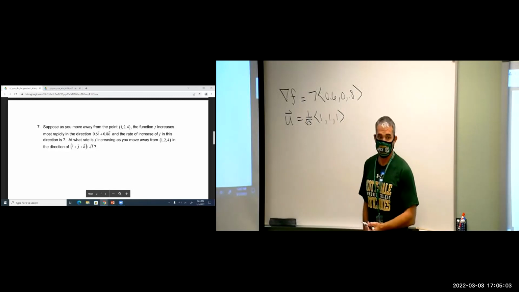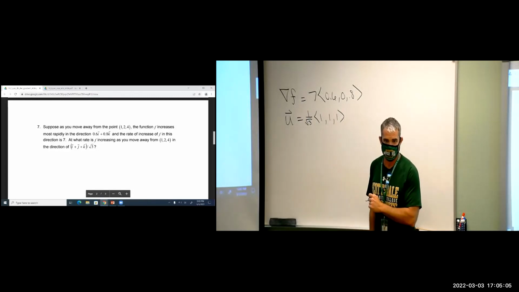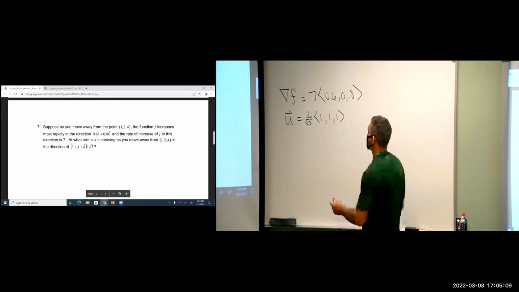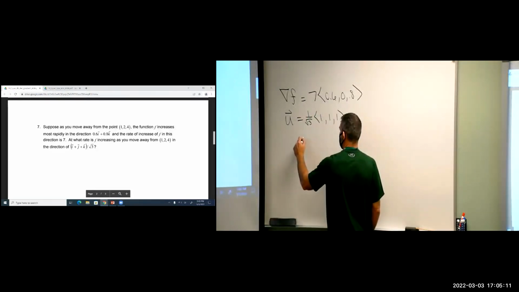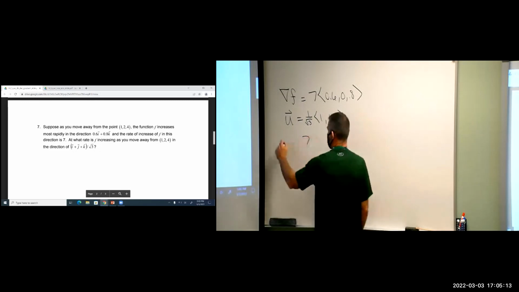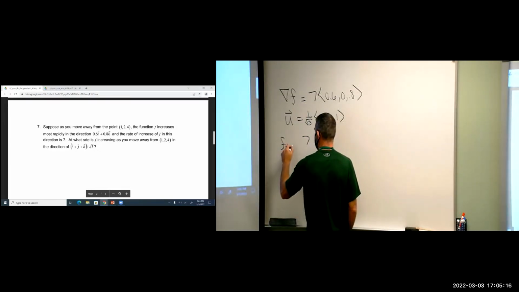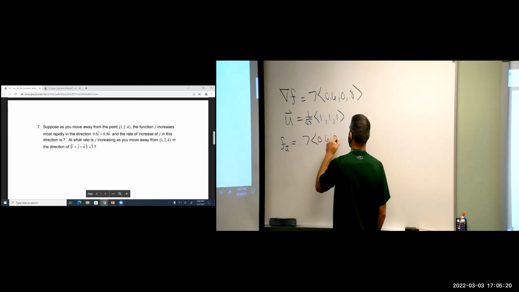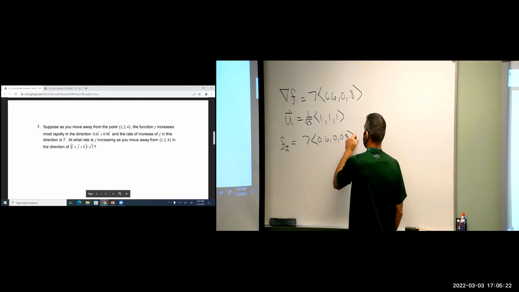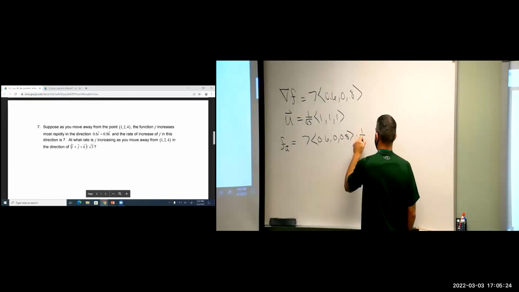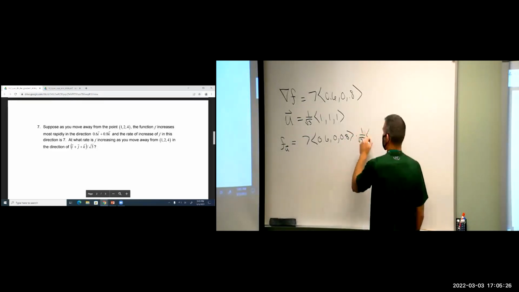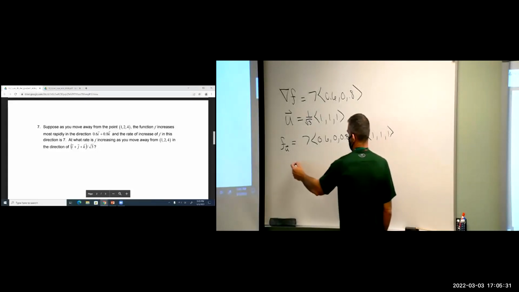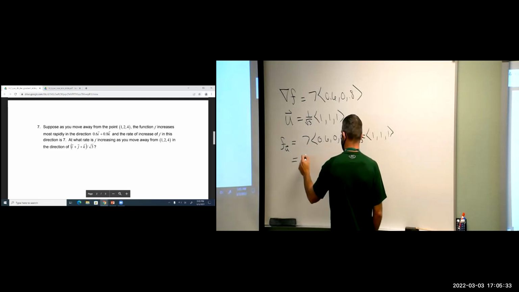So really, all we have to do in this problem is dot product the two of these vectors together. And the dot product is commutative, so the order doesn't matter. Our directional derivative is 7 times <0.6, 0, 0.8> dotted with <1, 1, 1> over square root of 3. Now, I'm just going to take the 7 over rad 3 out front.